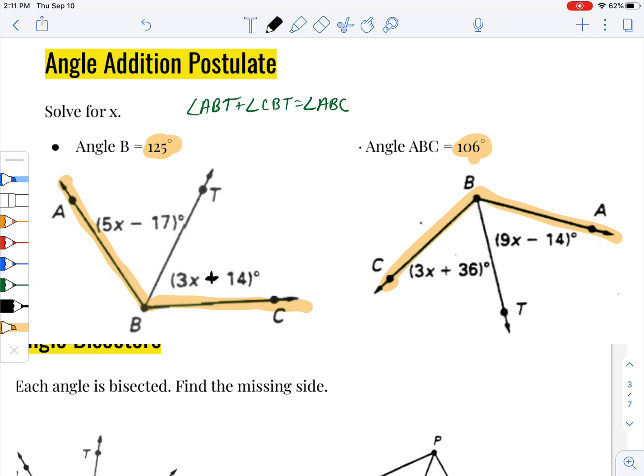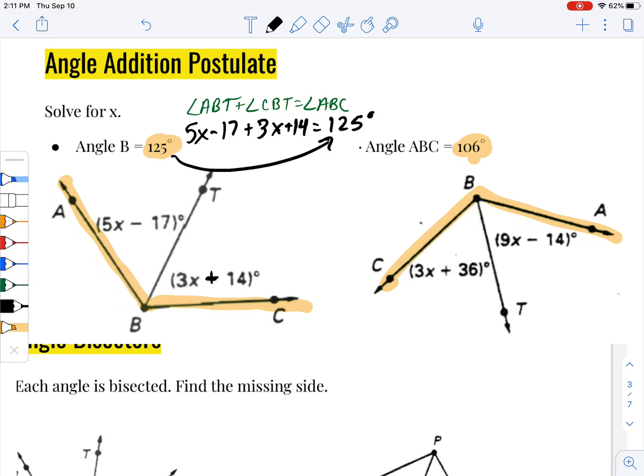So I can say 5x minus 17 plus 3x plus 14 is going to equal, and what is my whole angle here? Well, the whole thing we were told was 125.